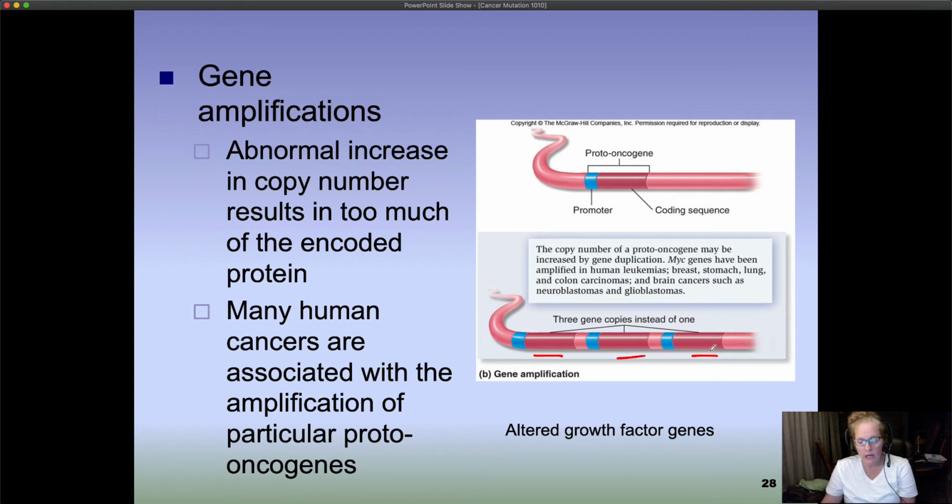If we turn on this particular gene, and it's an oncogene, we're going to transcribe 3 times the amount of gene product that the cell actually needs, because we now have 3 copies of the gene instead of 1.